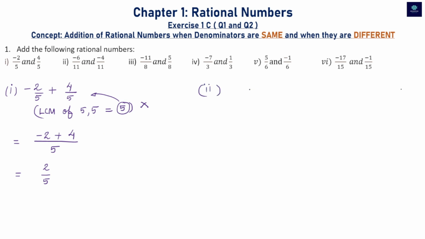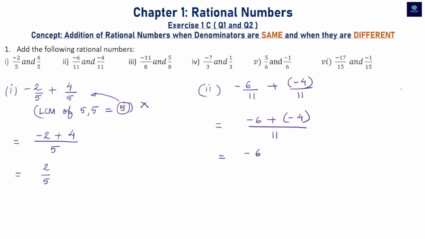Now coming to the second question. The second question is minus 6 by 11 is to be added with minus 4 by 11. Again, we are not going to write that we are calculating the LCM. Instead, we are going to come to the next step by writing 11 as the common denominator, as we just took the LCM, and here we write minus 6 is getting added with minus 4.